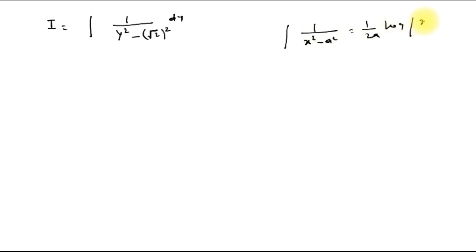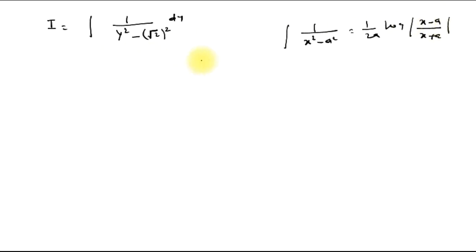I is equal to integration of 1 over y square minus root 2 to the power square dy. Now as we know, integration of 1 over x square minus a square is equal to 1 over 2a log mod of x minus a over x plus a.